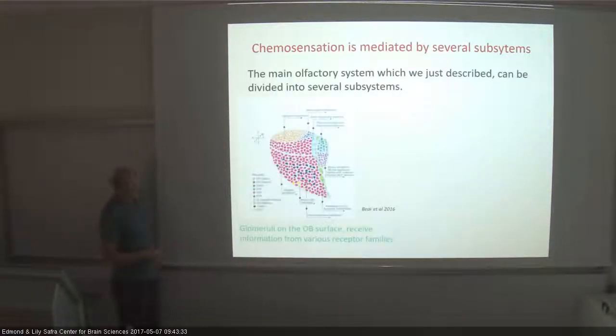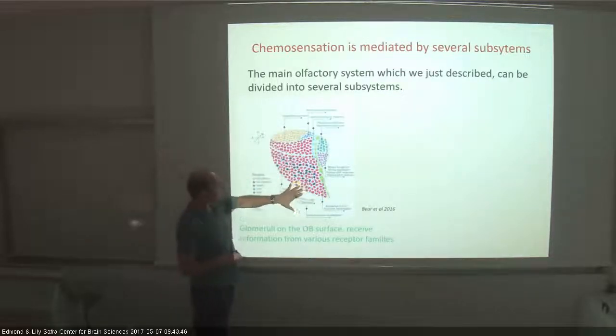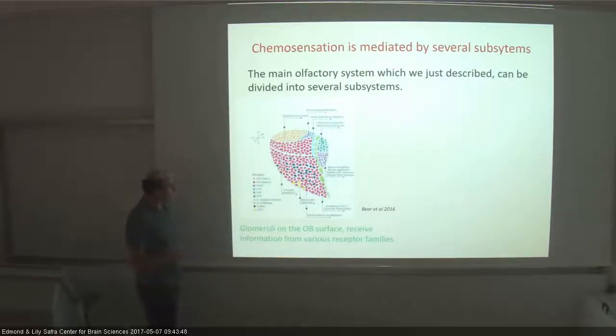Okay. So this was about the actual signals, and now we can start talking about the mechanisms of detection. What you see here on this slide is the olfactory bulb, and each color represents a different type of receptor class. We won't go into the details, but I mentioned the different olfactory receptors, that there are about 1,000 different ones in mice, right?